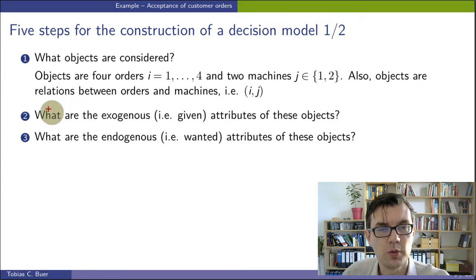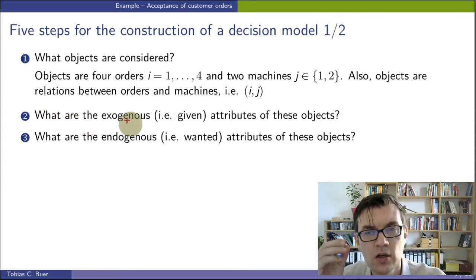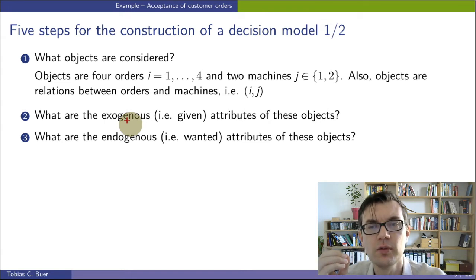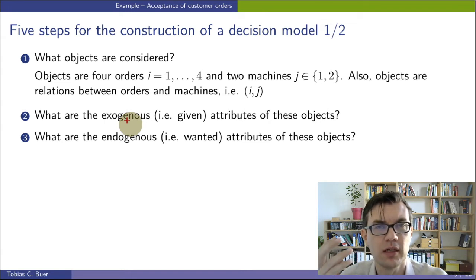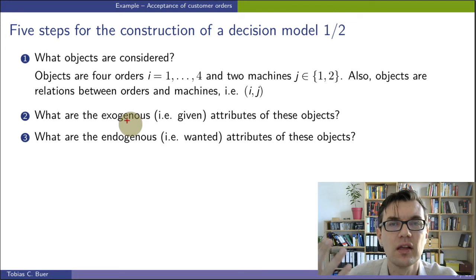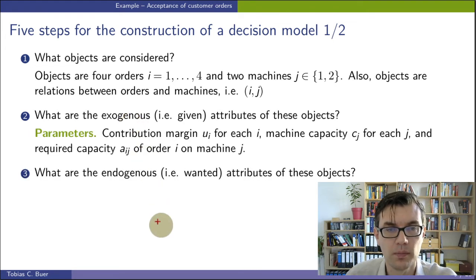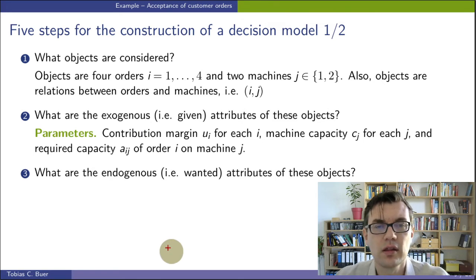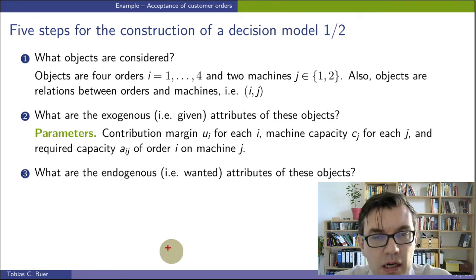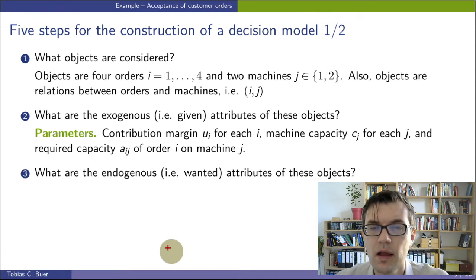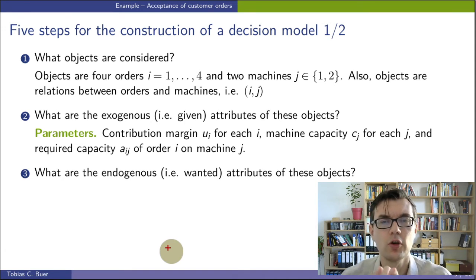Okay, next question that we need to clarify. What are the given attributes of these objects? Basically, this is the given data, the data that we already know about. We call these data parameters, and in this example, we have the contribution margin. This is given for each order i.